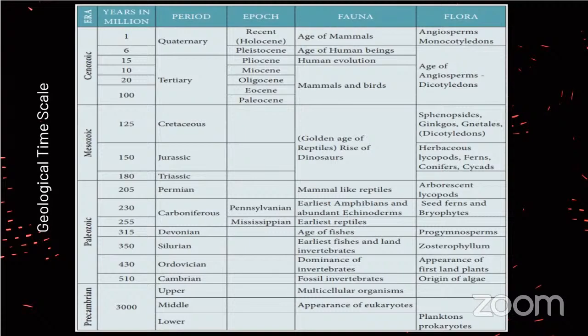For example, the first dinosaur fossils were discovered in the KG basin coal seams. So based on the stratigraphical scale, India is divided into particular regions: the Deccan traps, the Archean age, the alluvial fields, and the northeast and northern part of India, that is the Himalaya and the foothills of the Himalaya.